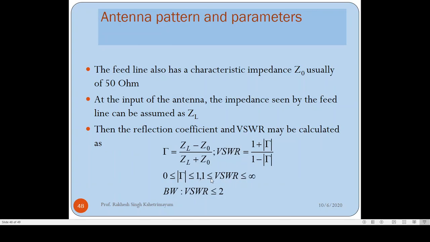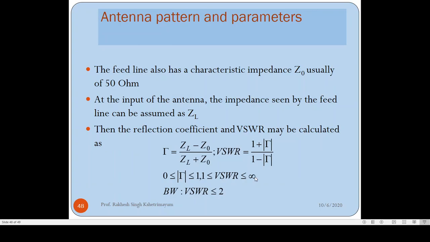That means all the signal sent from the source will be radiated by the antenna. There won't be any reflection. In that case VSWR is 1. We have maximum reflection when gamma becomes 1, and VSWR becomes infinity. So the range of values of gamma is between 0 and 1, and for VSWR it is from 1 to infinity.